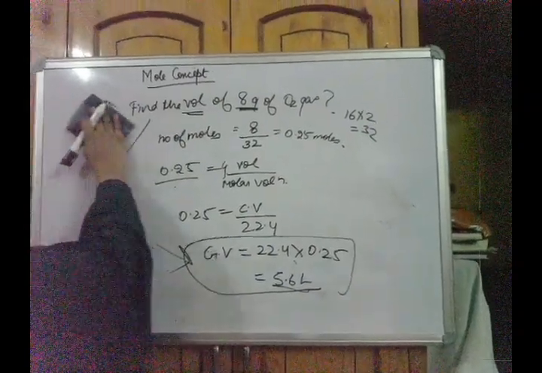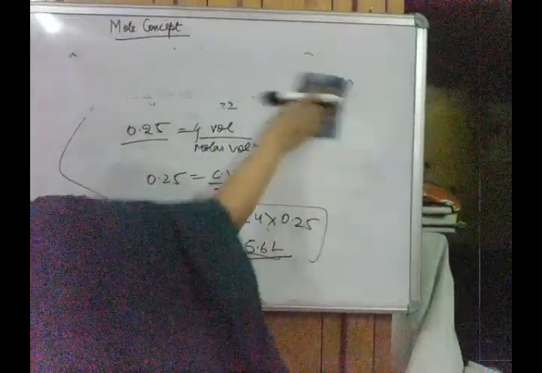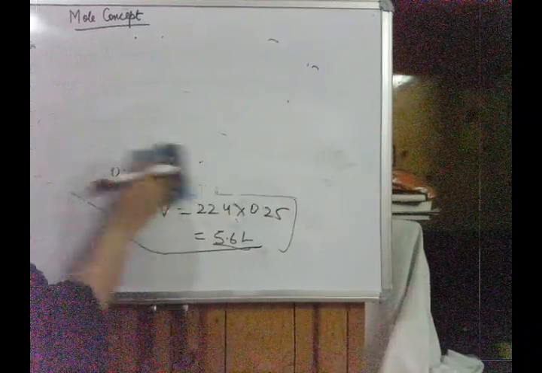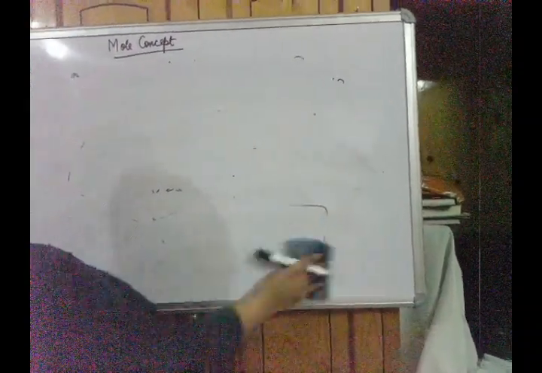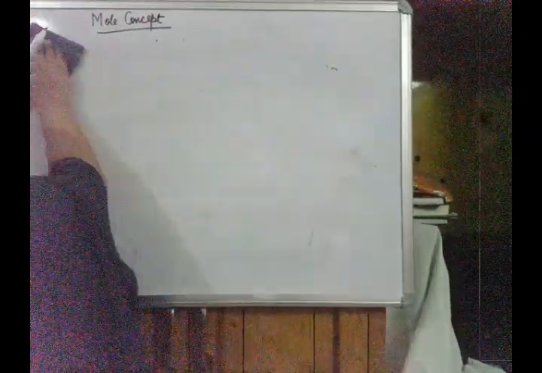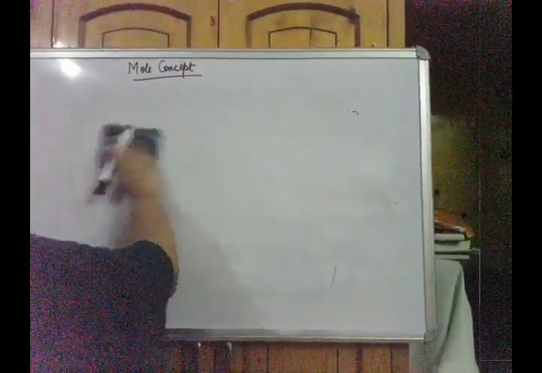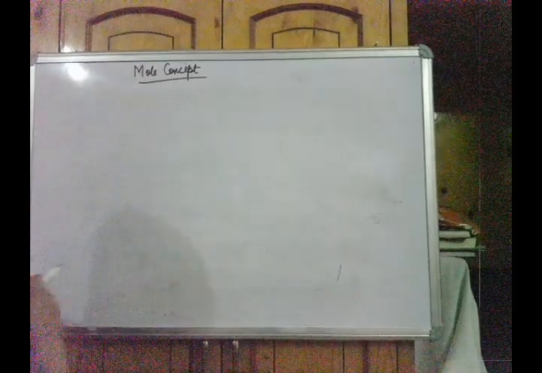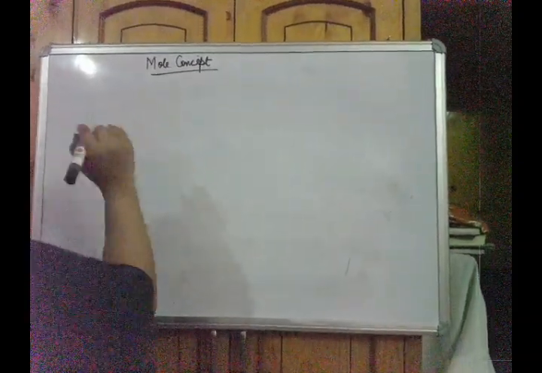Now we will switch to some important concentration terms, in which you directly have to use the formulas. The formulas are given, you have to just remember them and then solve the numericals, and numericals come from these concentration terms.